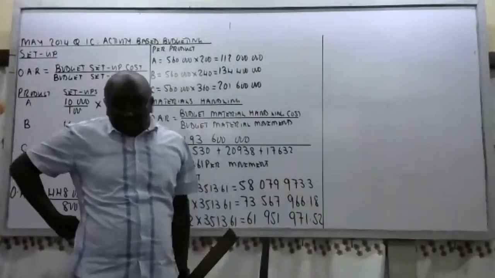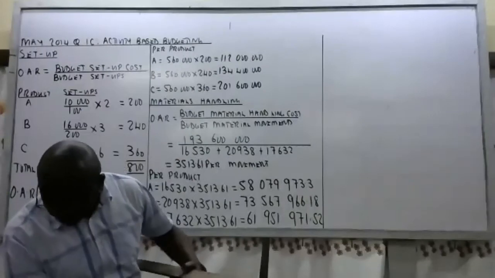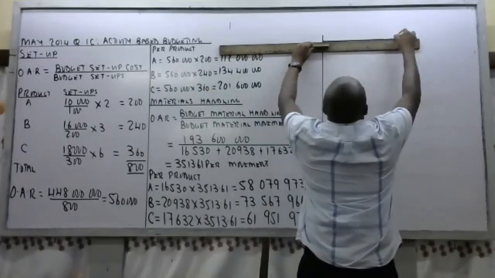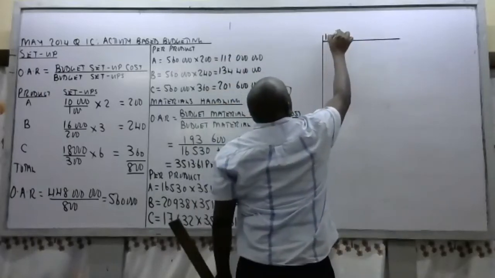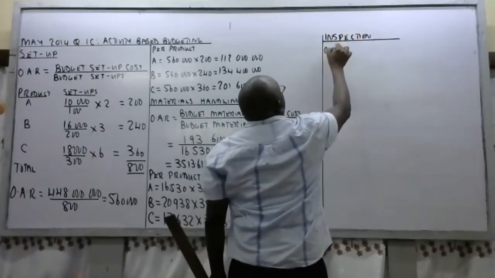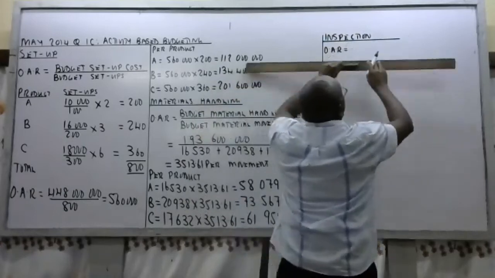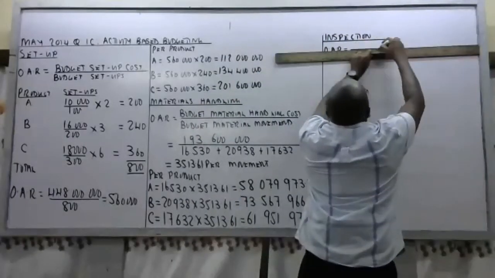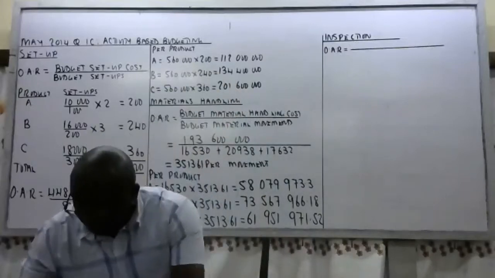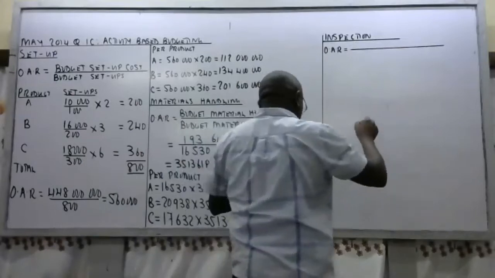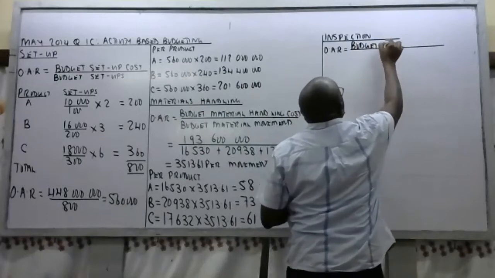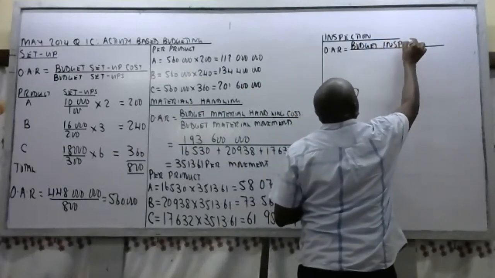So then we go to the last one, the inspection. Let's go to inspection. So the OAL will be equal to budget inspection costs.